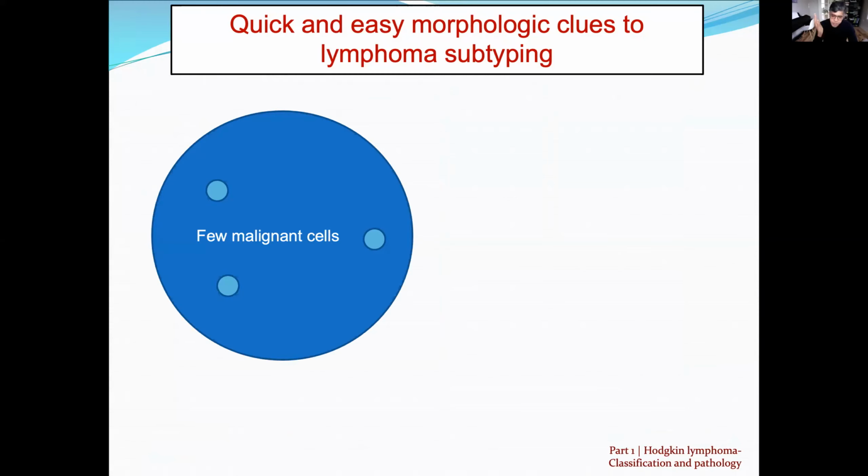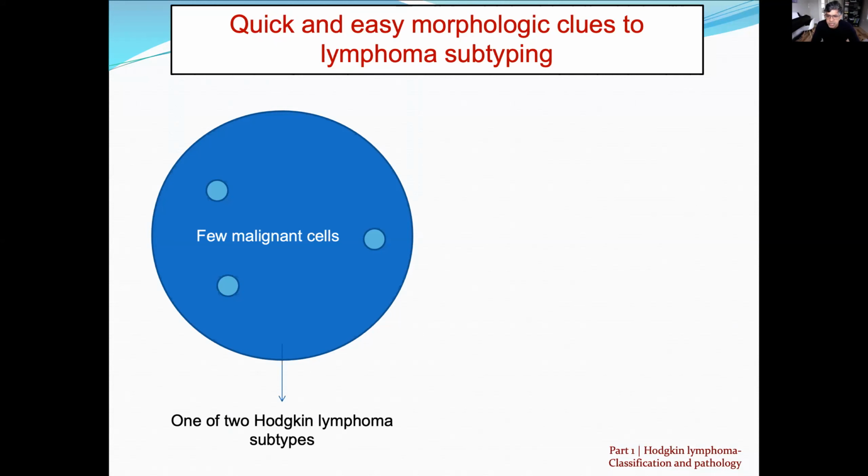So I look at the tissue, and if there are few malignant cells here and there, in a sea of what looks like just normal cells, then it's probably one of two Hodgkin lymphoma subtypes. Yes, there can be some exceptions to that rule, but for the most part, this rule works.